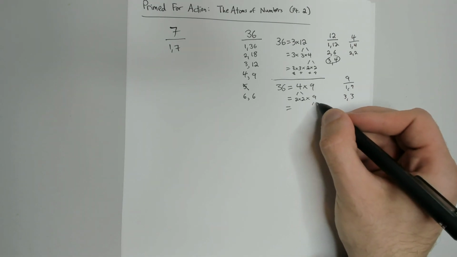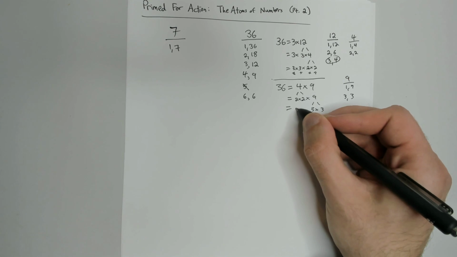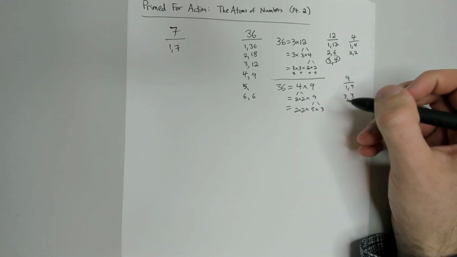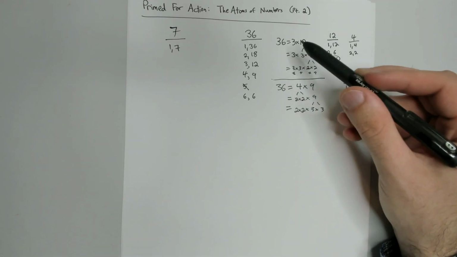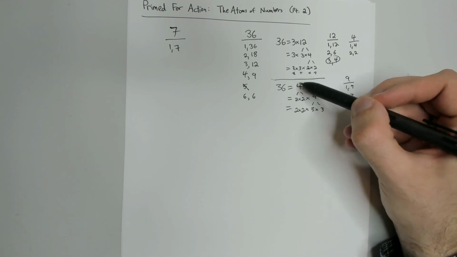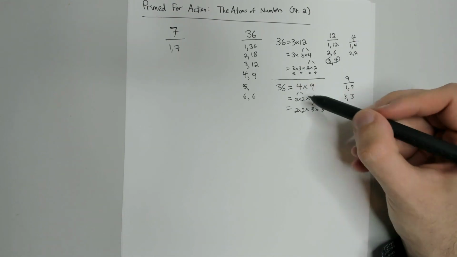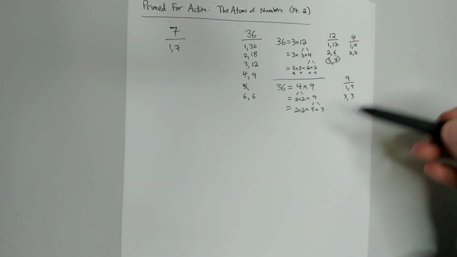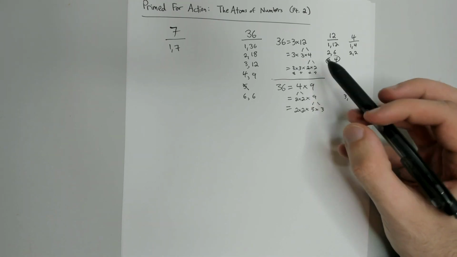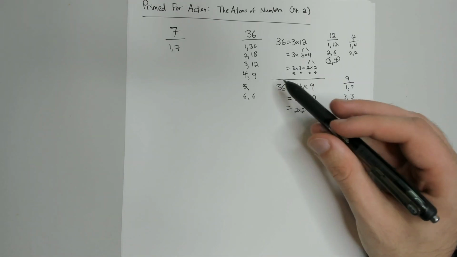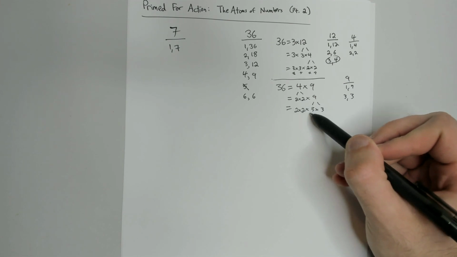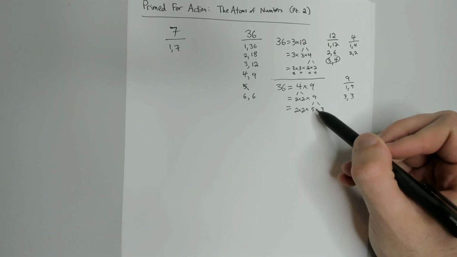So I could split 9 up into 3 times 3, and we get the exact same thing as before. So we see that when we take the factors of 36 and continually decompose them, underneath 36 we get a product of these prime numbers: 2, 2, 3, and 3.